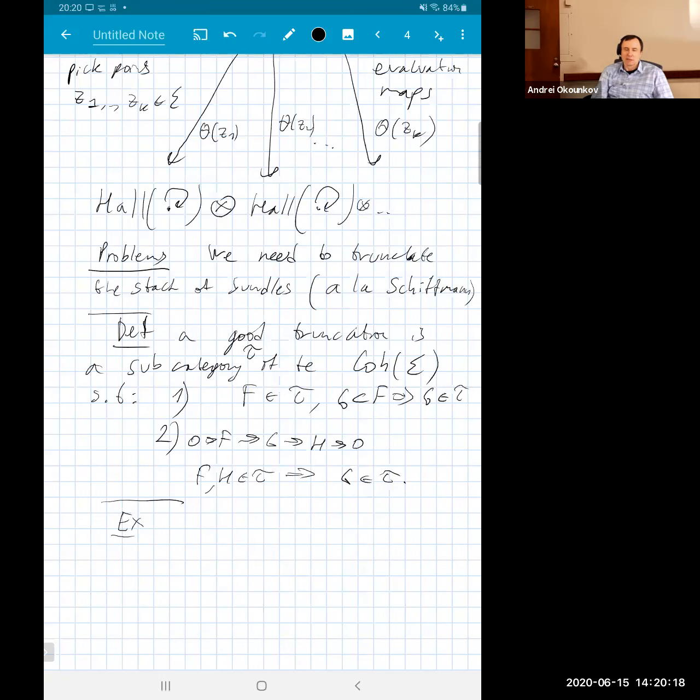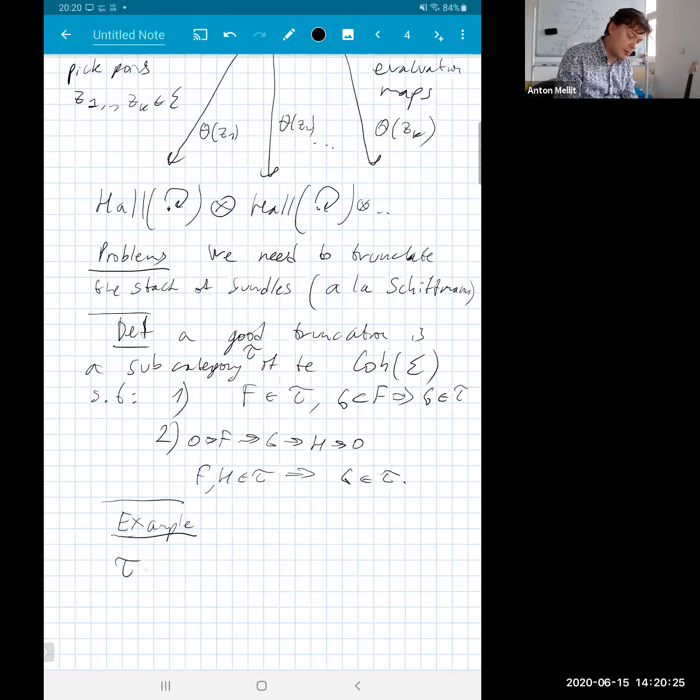Okay. Right. So example, define tau. F is in tau if and only if F has no subobjects G such that the degree of G is positive.